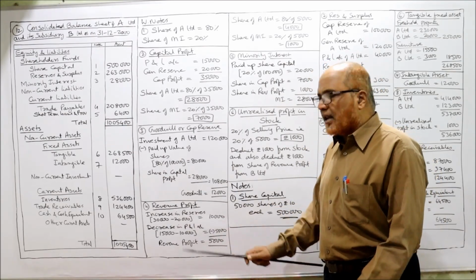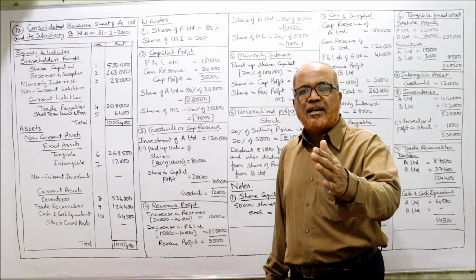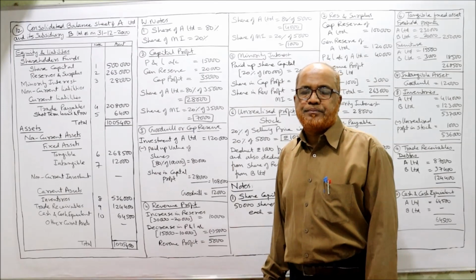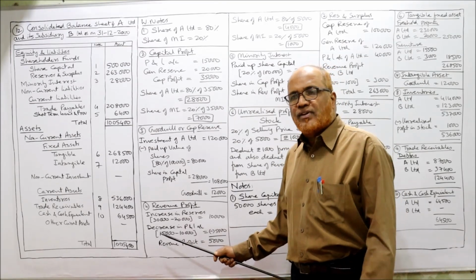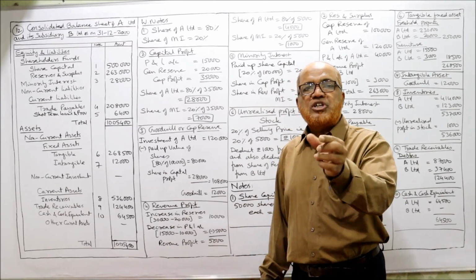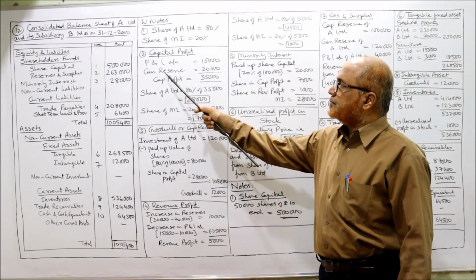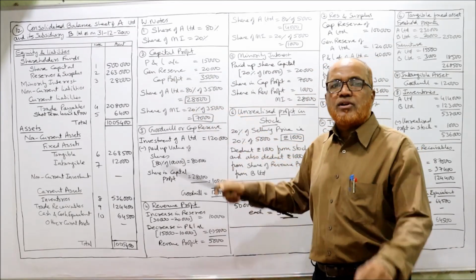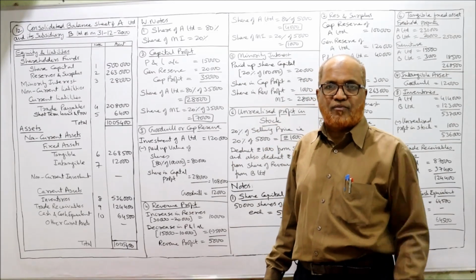Over. Now we can calculate revenue profit. The profit or reserves generated after the date of acquisition. So we'll compare the reserves. First of all, increase in reserves. At the time when A Limited purchased the shares of B Limited, the general reserve balance was 20,000.